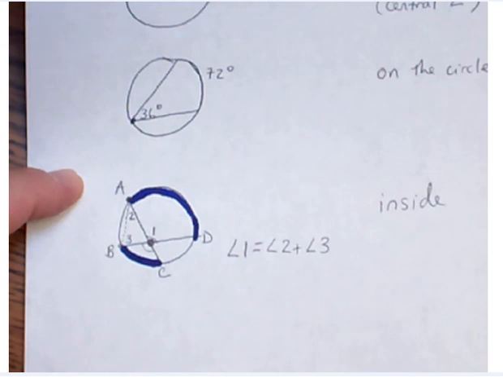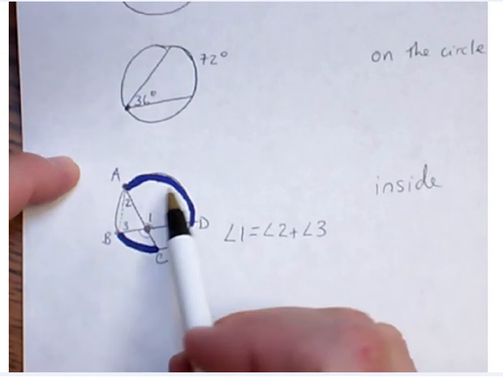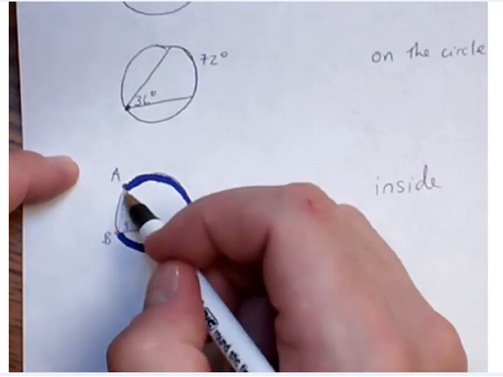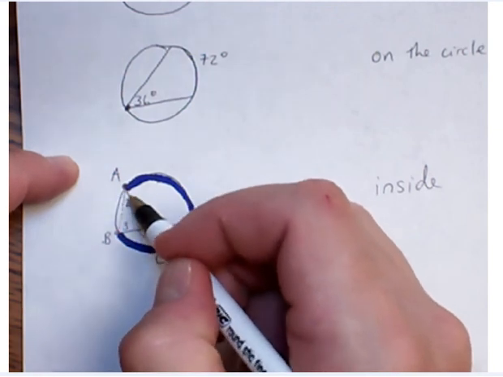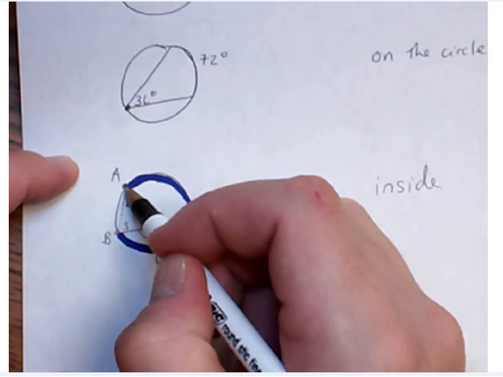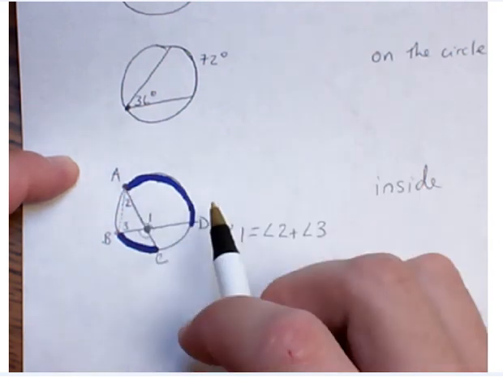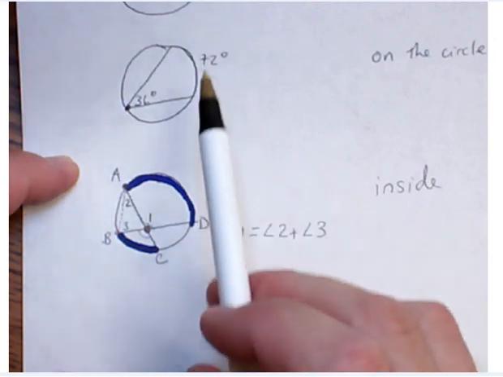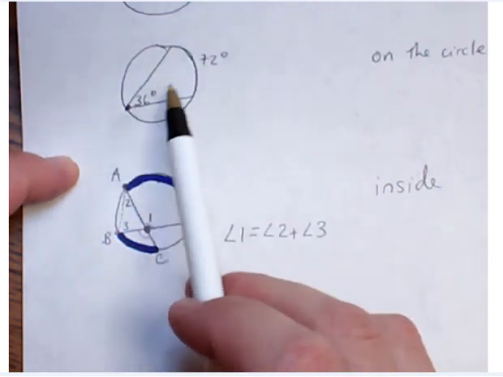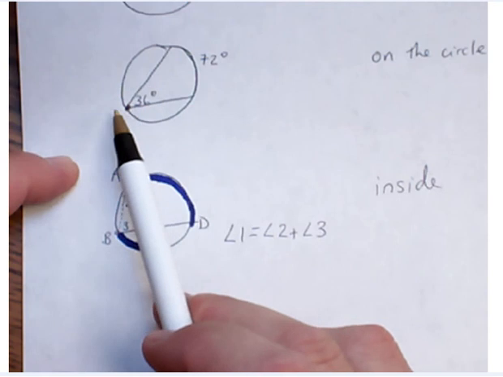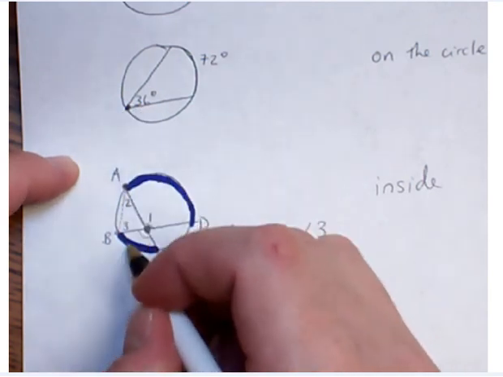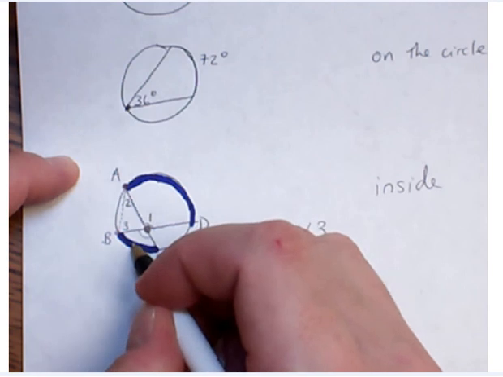Well, that doesn't help us very much because we want to talk about the arc measure. Look at angle 2. That is an inscribed angle because the vertex is on the circle. Central angle is the same as the arc measure; on the circle is half the arc measure. The angle's half the arc. So angle 2 has to be half of the arc measure BC.